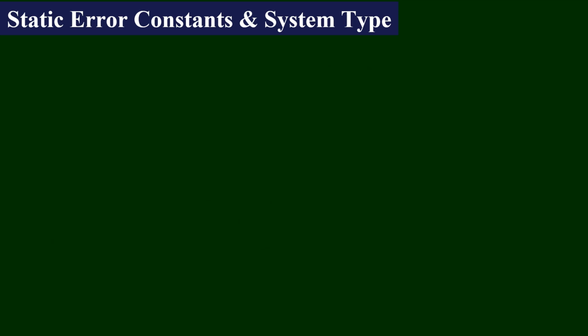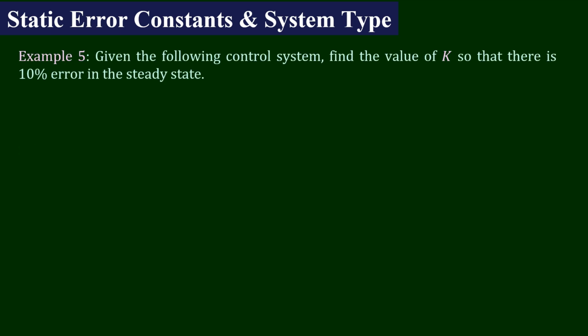So here is an example we have to discuss. We have been given this closed loop, and in this closed loop we have a constant k. We have to find out the value of this k, and we are told that the steady state error is 10%. One thing we should note is that it is a type 1 system.